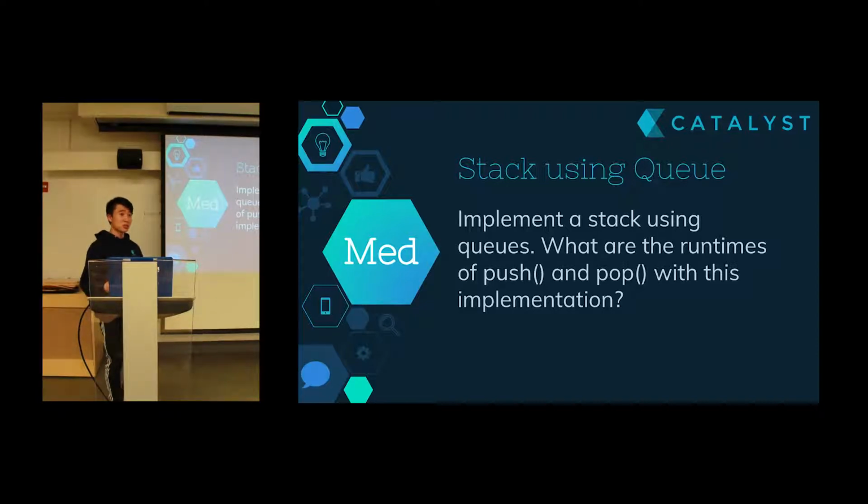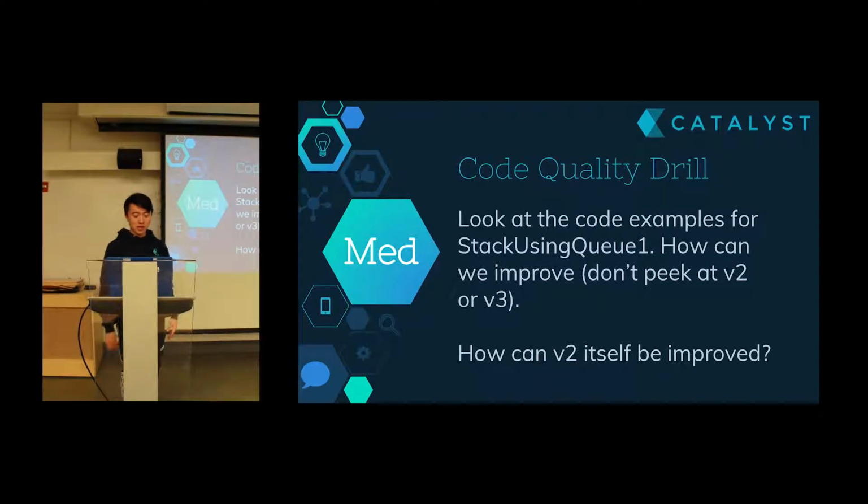But you should be able to talk intelligently about the trade-offs that you make when you're trying to design this. So this is where we go to our new format and we take a look at the GitHub. So let's form into teams and let's try to take a look at stack using Q1 and see what we can improve. So let's reconvene on that in like 5 or so minutes and let's see how that can be improved.